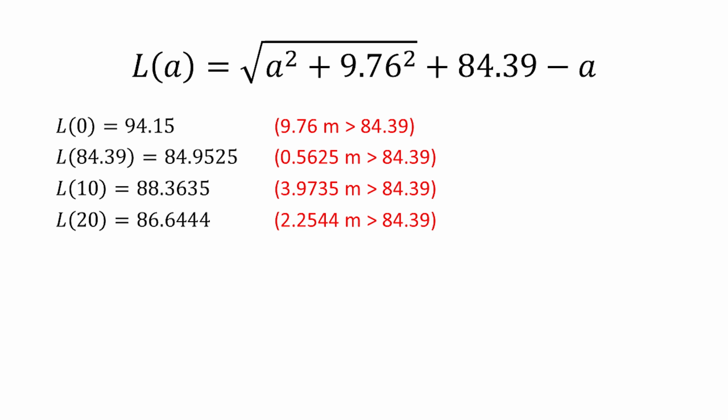L of 30 is 85.6. So about a 1 meter difference on that. Again, these races, with the 800 meters, have become somewhat of a sprint in recent years. A 1 meter difference is a pretty significant margin.